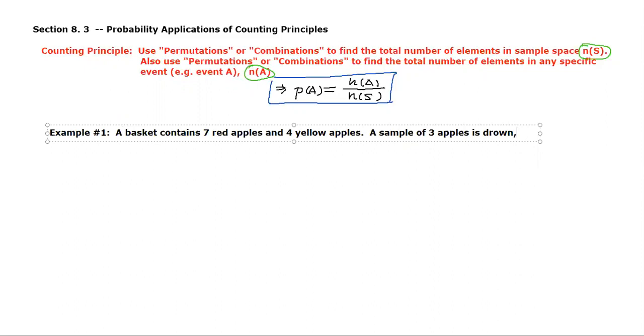I want to find the probability. First, what is the probability that all 3 are red apples?